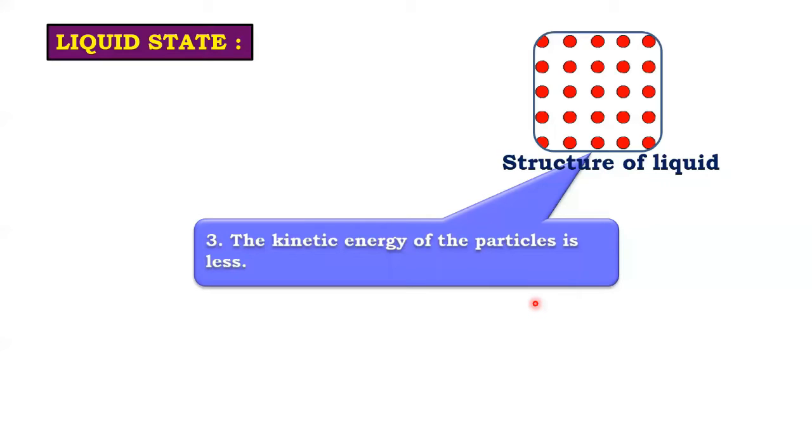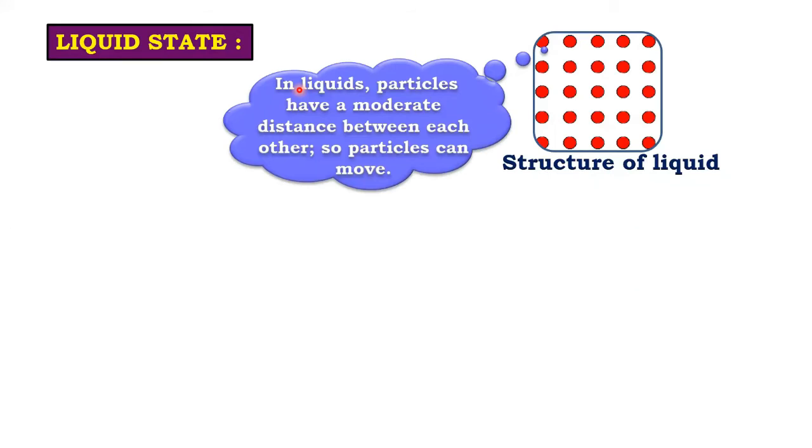Okay, kinetic energy अगर हम सॉलिड में देखें तो वो लीस्ट था, सबसे कम था, पर अगर आप लोग लिक्विड में देखोगे तो लिक्विड में कंपैरेटिवली ज्यादा है। तो यहाँ पे बस लेस दिया है, लीस्ट नहीं बोला है। ओके, आगे देखते हैं। In liquids, particles have a moderate distance between each other, so particles can move. Now, because there are empty spaces between the particles of liquid, these particles can move a bit more freely as compared to solids.